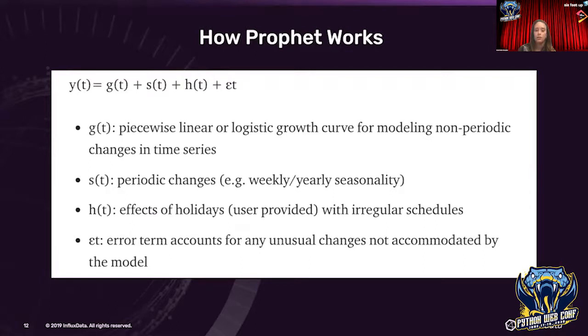And the piecewise linear or logistic growth, so it separates it into piecewise linear or logistic sections, excuse me. And it basically sums all of these components together in a, I'm assuming, proprietary way, and outputs a model, a forecast, which is y of t. So we can see that y of t is just a sum of various elements of our single time series.